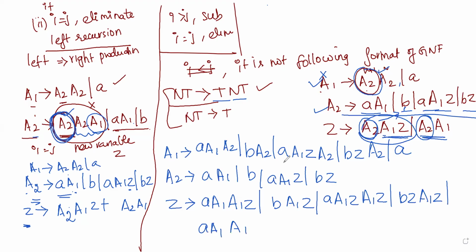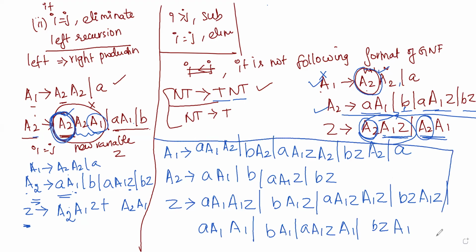Now B is substituted instead of A2 and A1. Then A1Z is substituted instead of A2, and this A1 is here. Now BZ is substituted instead of A2 and A1 is given. So this will be my updated production.